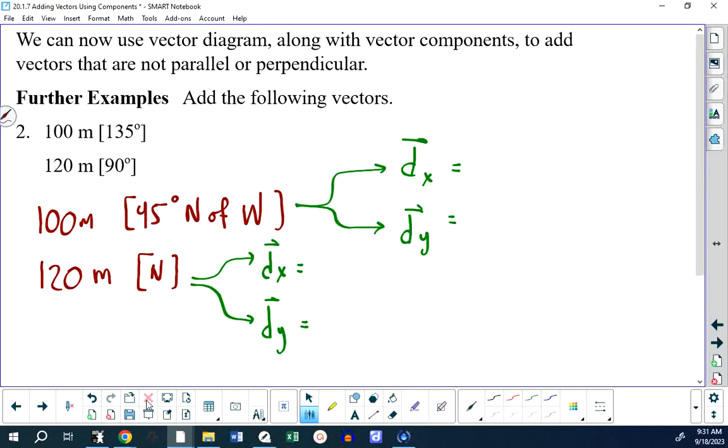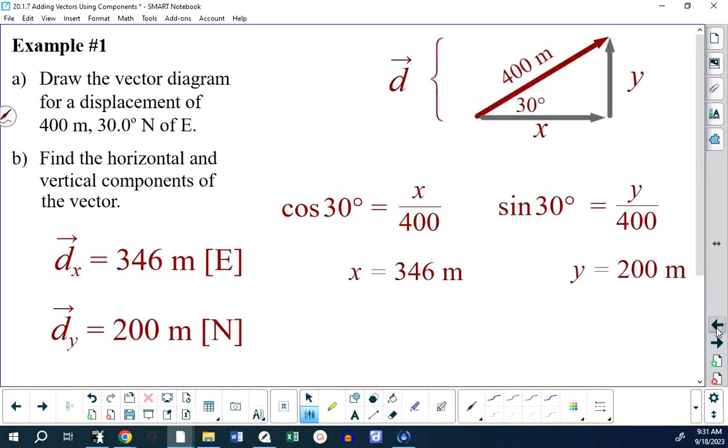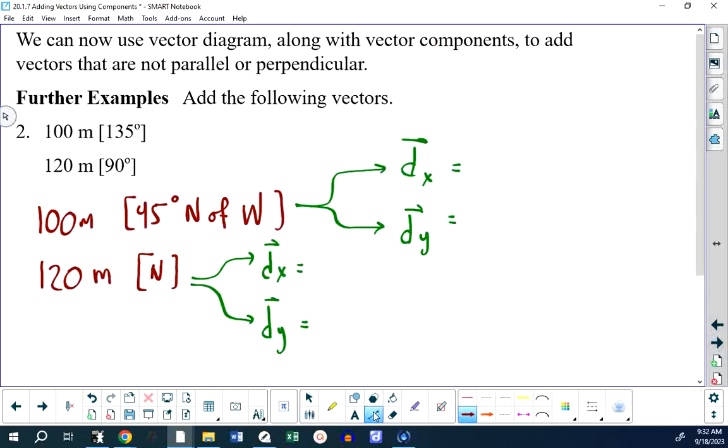So to find the components of this 100-meter vector that's 45 degrees north of west, we're going to do the exact same thing we did here. All this work we did here, we're going to do for the 100 meters, 45 degrees north of west. We draw in a dotted line along the east-west direction. I draw in a vector that I can label as 100 meters.